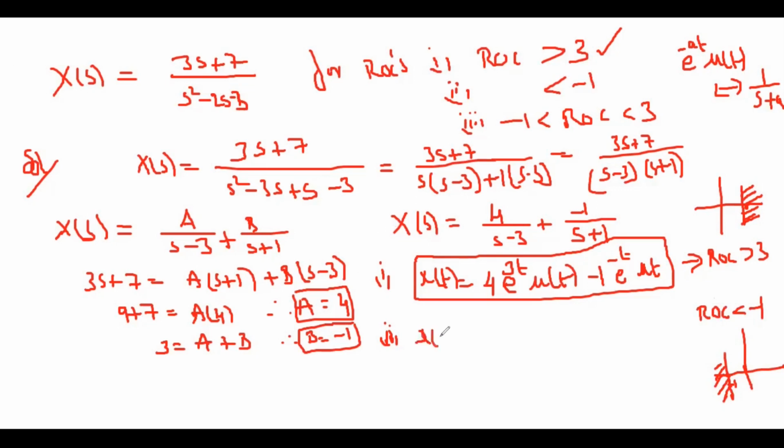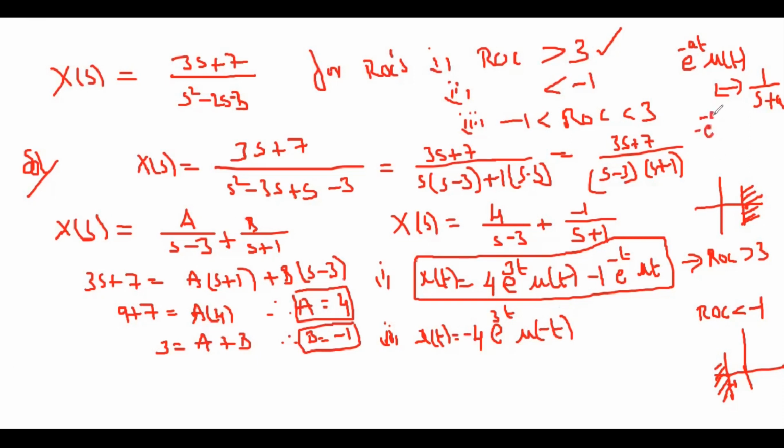So x of t is equal to 4, and (s minus 3) means e power 3t, but it is not the positive, it is mu of minus t. And for that mu of minus t, here you can keep the minus also.